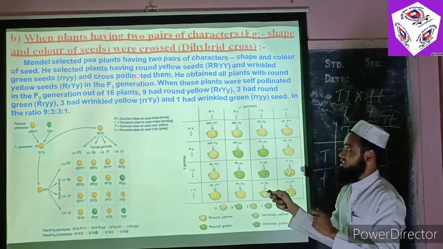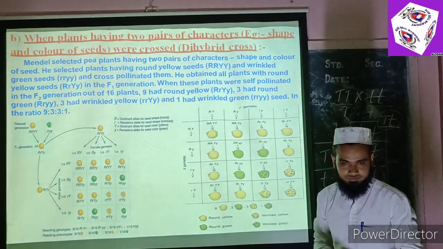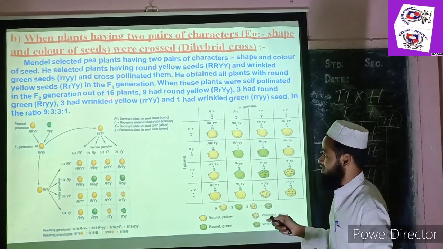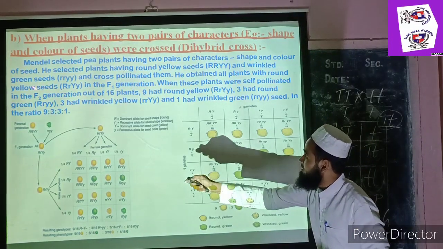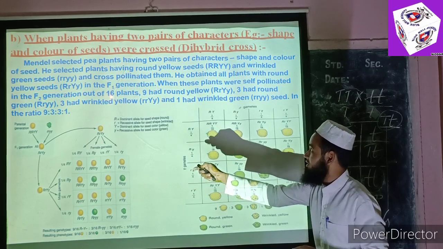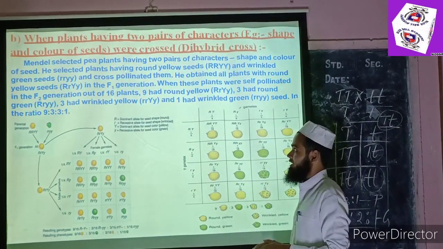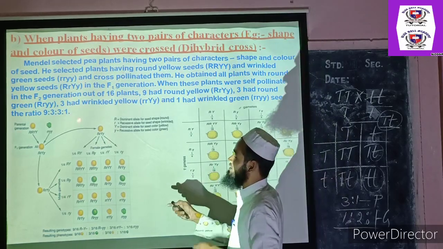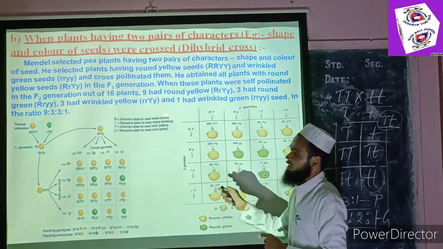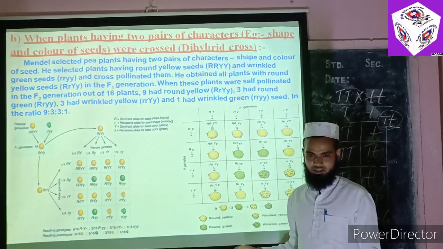As he crossed, first he did the cross pollination. In the first generation, he got round yellow seeds, and these plants were once again self-pollinated. As he did the self-pollination, he got an amazing new result.